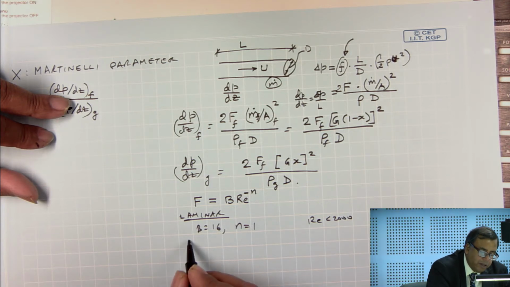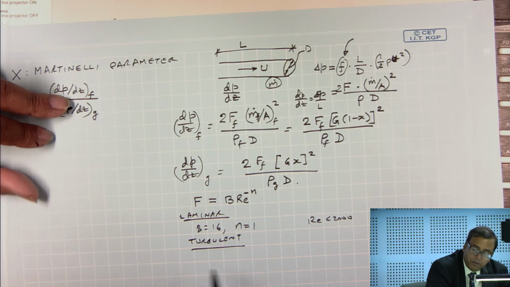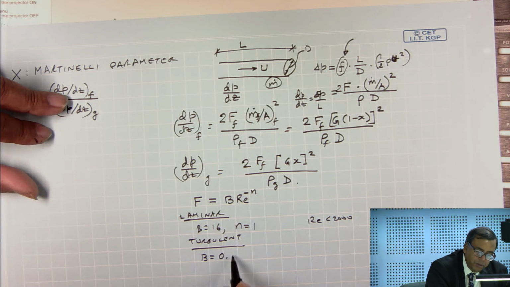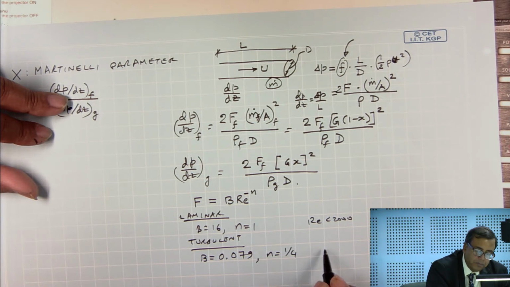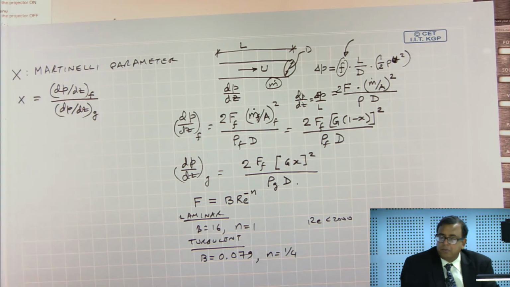And then when you have turbulent, okay, a typical value, of course, this will change depending on your turbulent regime, but a good rule of thumb to use is 0.079 for B and n is equal to 1 by 4, okay, as a good starting value. So, you could have the liquid phase being laminar, gas phase being turbulent, or the other way around.